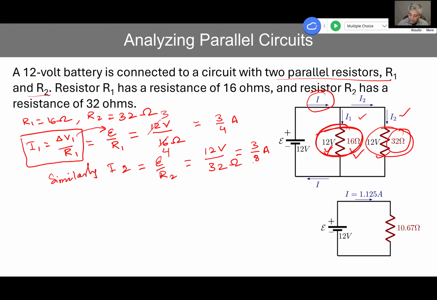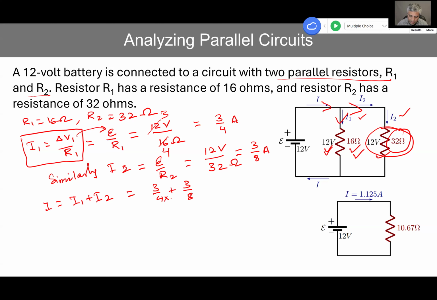So anyway, the total current in the circuit, I, is going to be I1 plus I2, because the same current goes here and then goes in different directions. So we should be able to add that. So that's going to be 3/4 ampere plus 3/8 ampere, right?